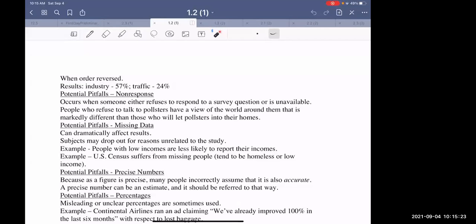HIV, AIDS. When it first was found to be a disease, for the very first months, people looked at the data, and they did this cohort study.